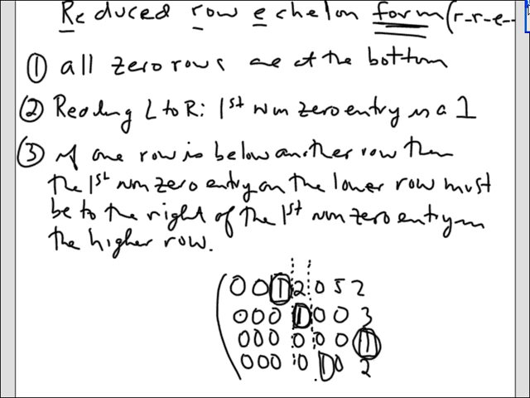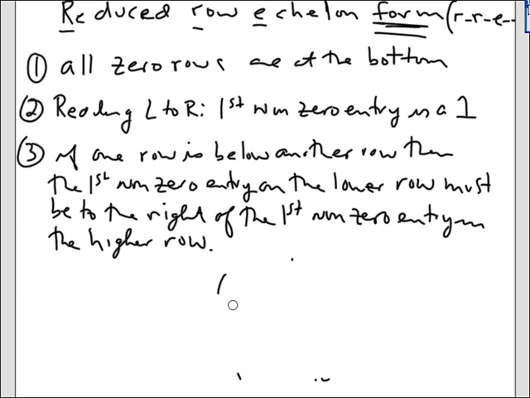That's not allowed, because when you go down, you shouldn't find the first one to the left. It should be somewhere to the right. You have to keep going down to the right. You can't even go right beneath it. You must go to the right. Okay, that's the third criteria to be in RREF form.